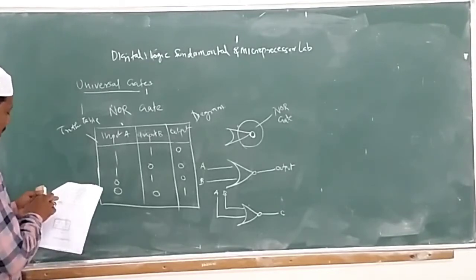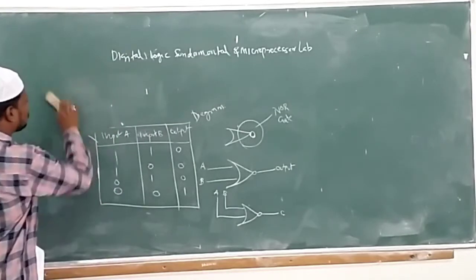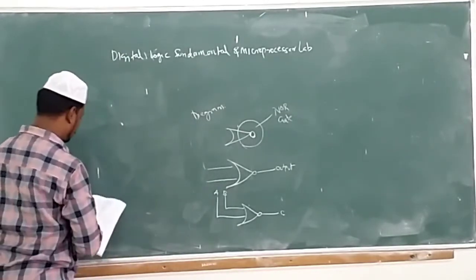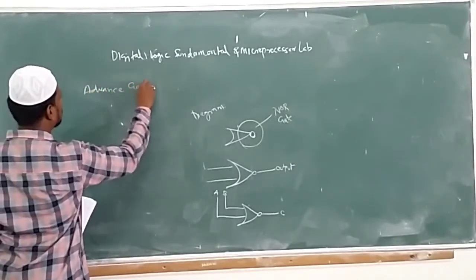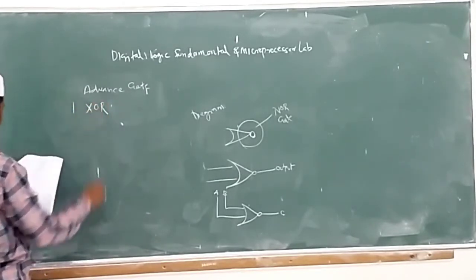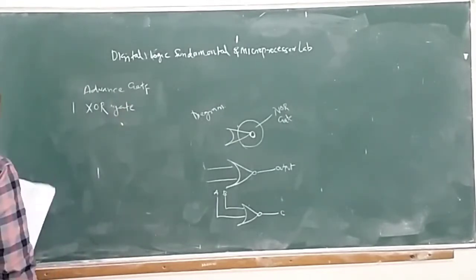Again, the last one is the advanced gate. The only gate here is the XNOR gate. What is the truth table?